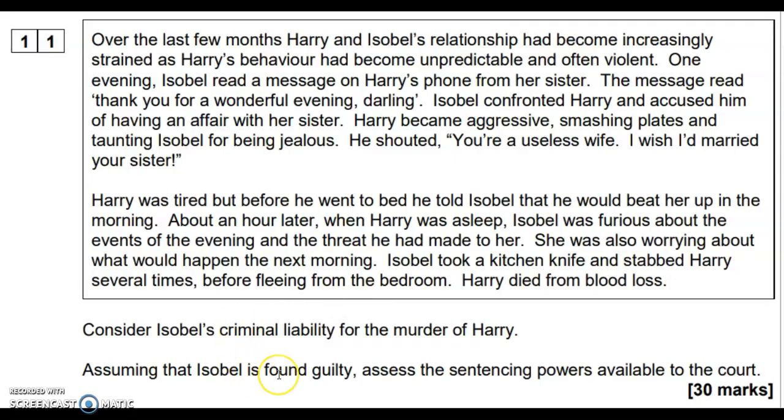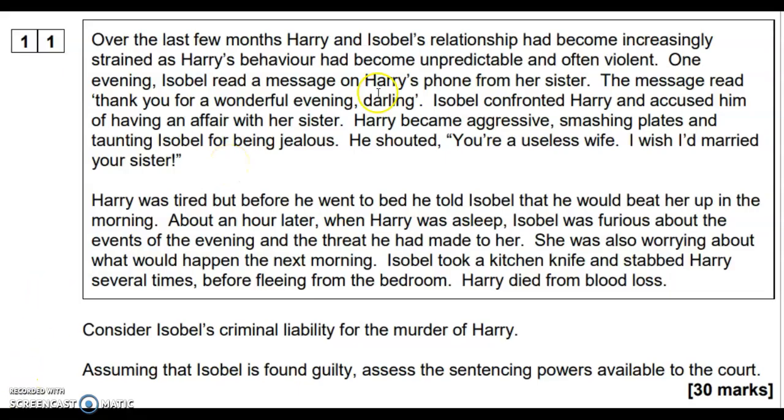However, you're also asked to talk about sentencing powers available to the court. I'm hoping that when you read through this scenario with me, you saw that this could potentially be a voluntary manslaughter case, which would reduce what would otherwise be a mandatory life sentence to a discretionary life sentence if successful.